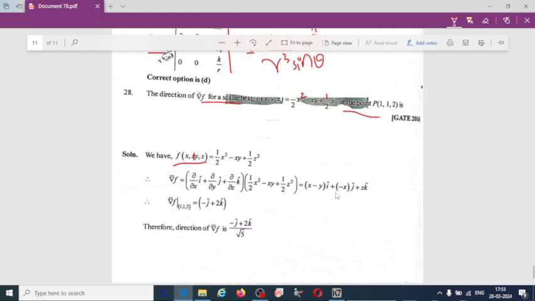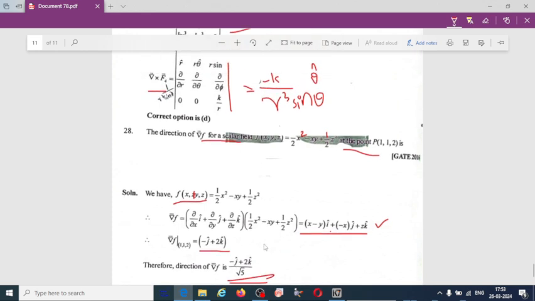You are going to have this equation. Substitute 1, 2, 3 in this equation. Then we will have minus j cap plus 2k cap. So direction, if you want root of these values, minus 1 square plus 2 square, 5. So this is the correct answer.